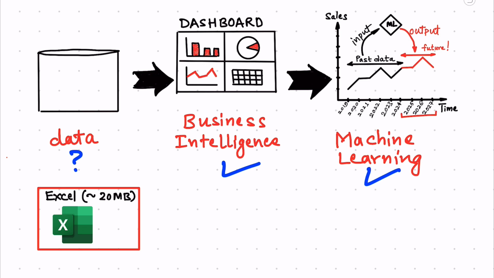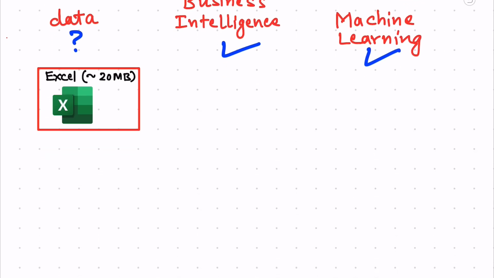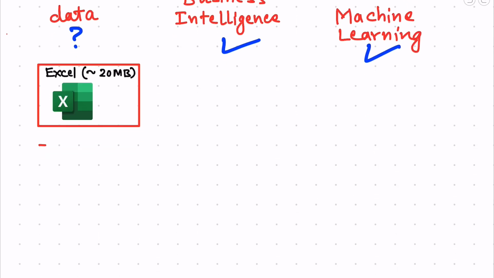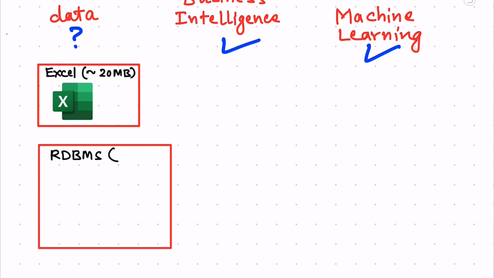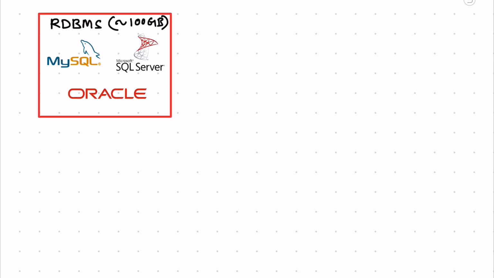For example, a 10 MB Excel file can contain hundreds of thousands of rows of data if there are just a few columns. Now, if the data is large, like in hundreds of GBs, and Excel sheets cannot store them, then you can use any one of the popular relational database management systems like Oracle, SQL Server, MySQL, and many more.